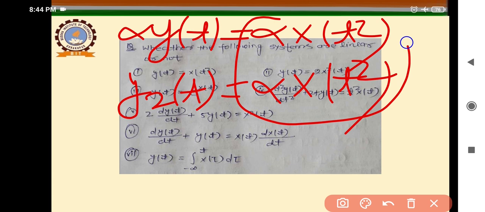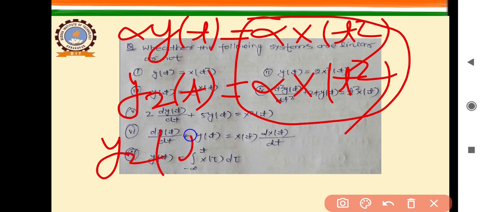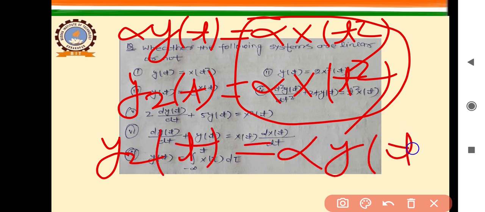In both the cases the output is the same, it means that y2(t) is equal to alpha into y(t). It means that the given system follows the law of homogeneity also. It means that the given system is a linear system.